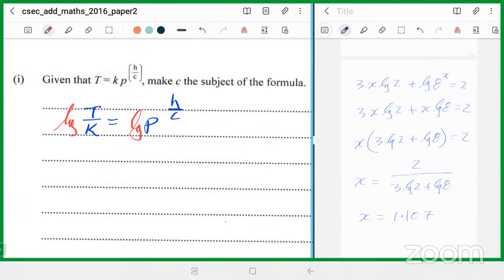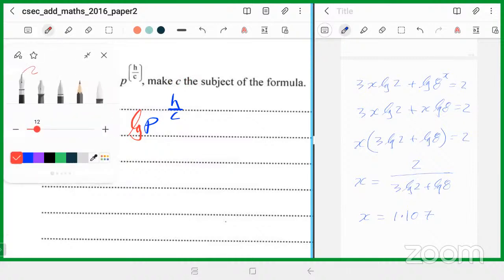This C under here is really 1 over C. So I can move the 1 over C if I move the power and put it to the front. I don't have to move the H. I can leave the H up there. I'm only interested in moving the C. C, I want to make the subject, so I need to get it out of the power.